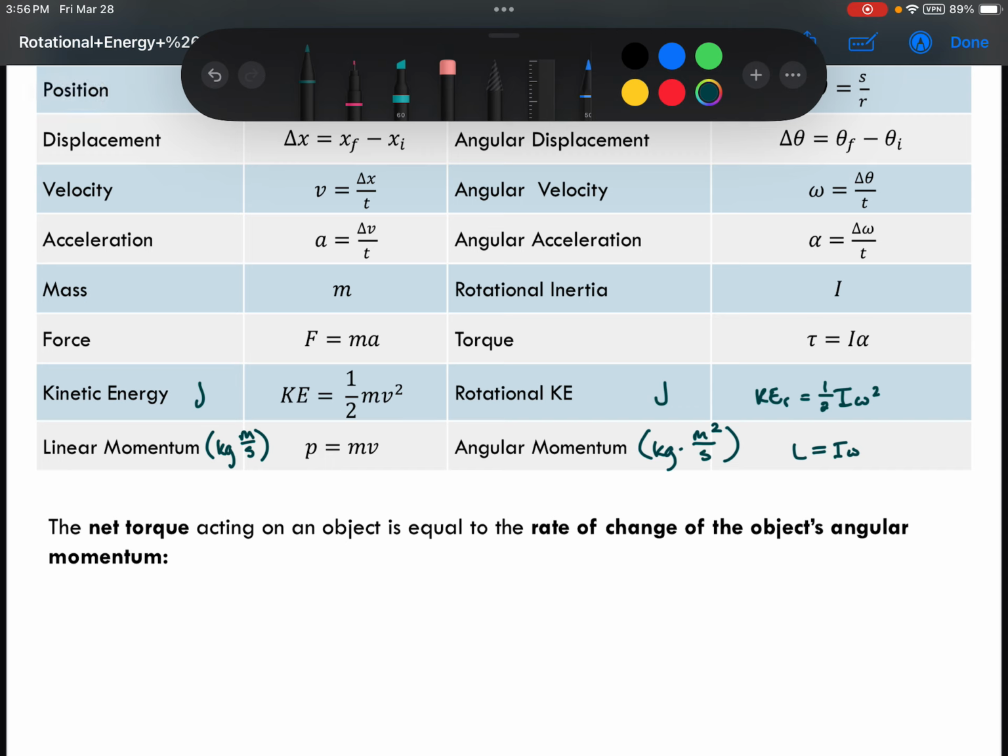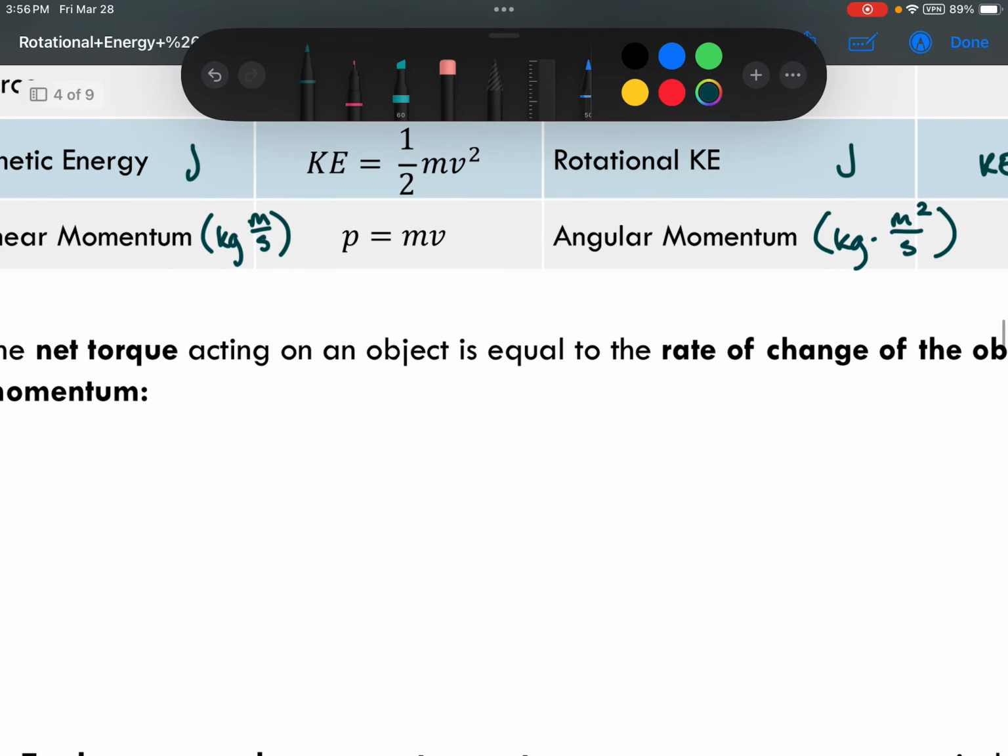And we're going to look at how we end up with this relationship between net torque and angular momentum, just like we did with linear motion. First, we started with Newton's second law for rotational motion. That looks like this: net torque equals I alpha. And then we rewrote alpha, our angular acceleration. We said, well, that's defined as the change in the angular velocity over time. And then we expanded that out.